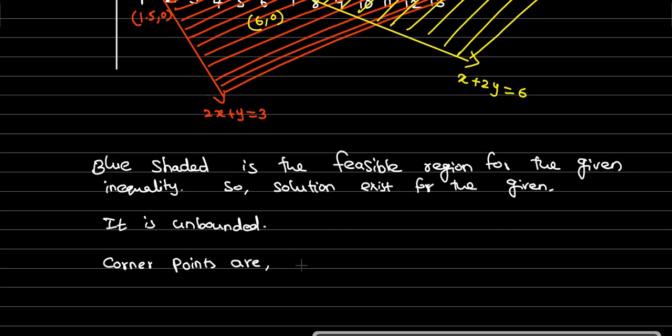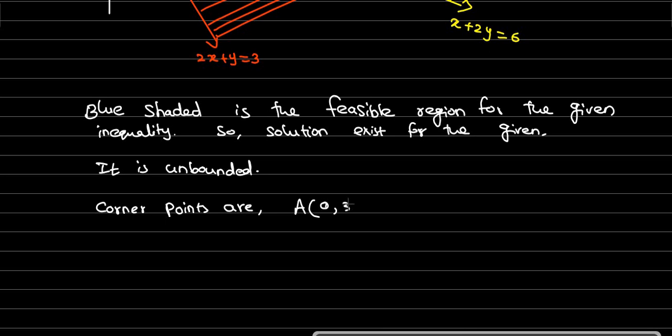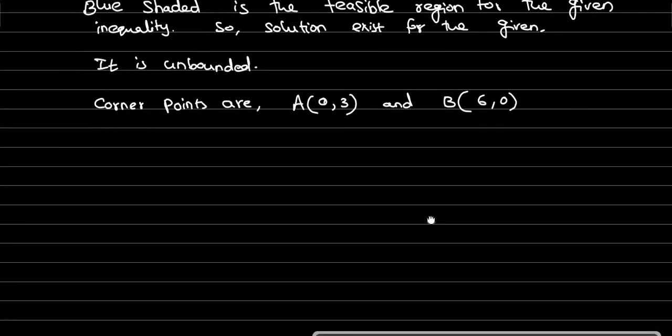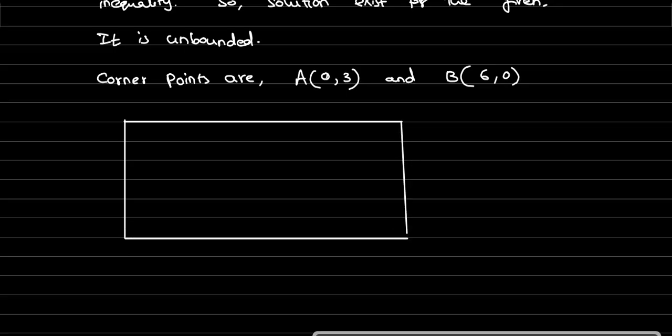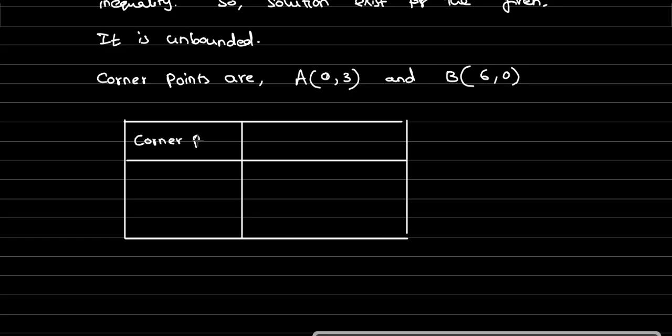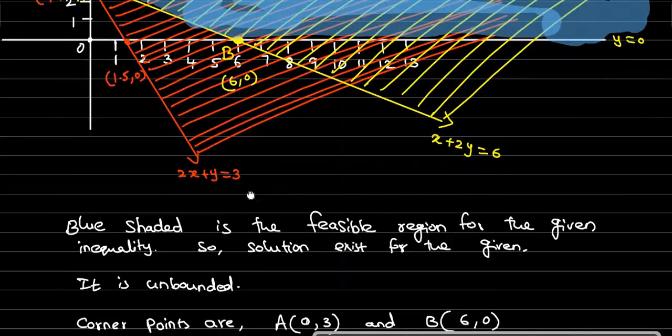Corner points are: first corner point 0 comma 3, and the other one 6 comma 0. Now let's substitute in the given z. Given z is x plus 2y.